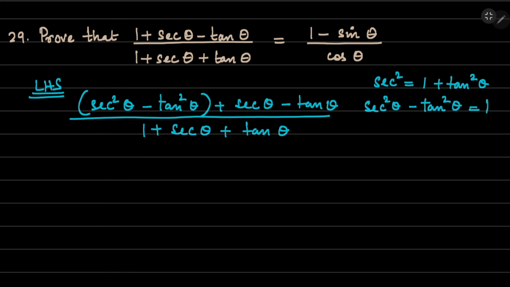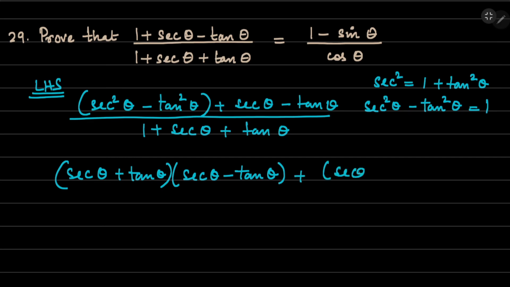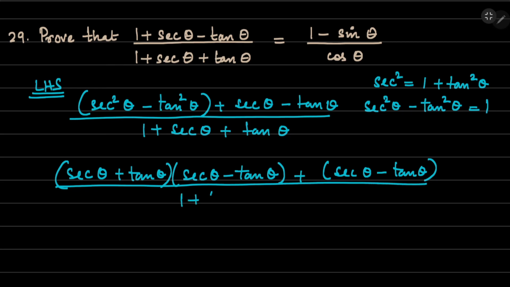So let's split it up and write a plus b, secant theta plus tan theta, multiplied by secant theta minus tan theta, plus you have secant theta minus tan theta, whole divided by 1 plus tan theta plus secant theta.